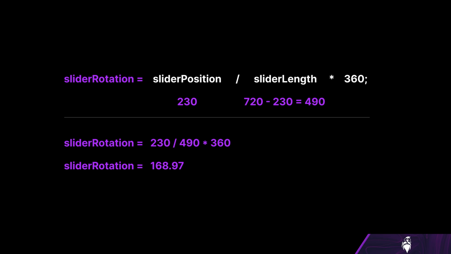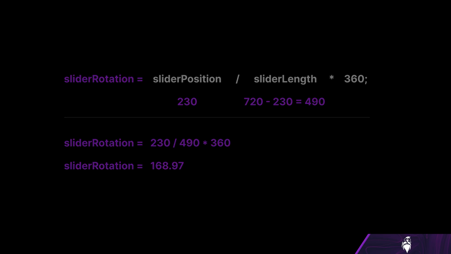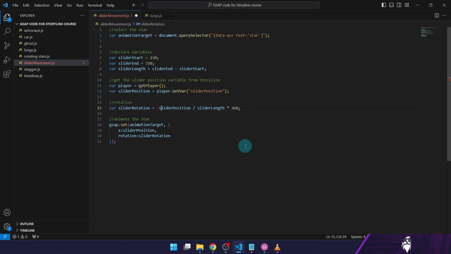So we have a slider rotation of 168.97 degrees. So 169 degrees, let's say, for our starting position. What we're going to do is delete the initial position of the slider. We're going to delete the slider start so that it starts from a value of 0.